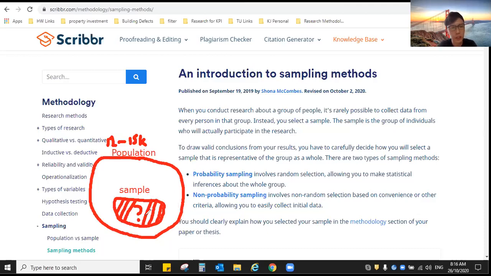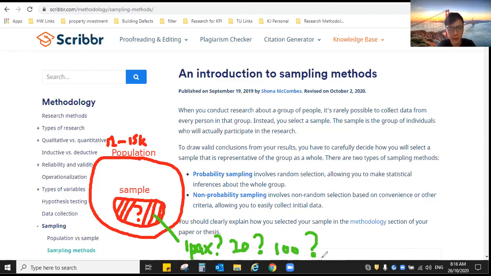Now the question is, how many people are in the sample that can represent this population? Bear in mind, how many people can represent these people? My question, can my sample size be 1? Can I put 1 person to represent all Taylor's students? Cannot, right? Can I put 20? Can I put 100?